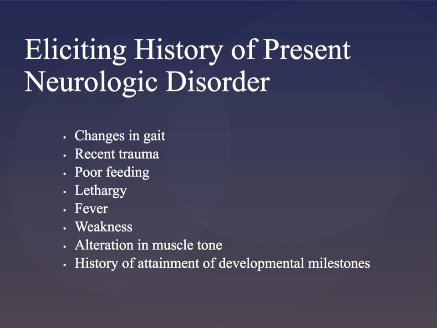Poor feeding, lethargy, fever, weakness, alterations in their milestones, alterations of muscle tones, sensory changes, things like that, because those can give us a good history of what's going on. We need to also re-ask questions multiple times to make sure stories don't change. Because guess what? Some things do change. We don't always get the true story, unfortunately.